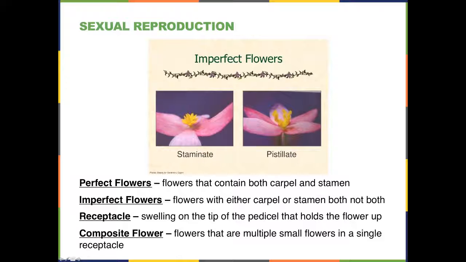Now, flowers can come as simple flowers, which are shown here, or they can be called composite, which is the fact that something that appears to be a single flower is actually made up of multiple small flowers, all in a single receptacle. And the classic example of a composite flower is the sunflower, which is actually literally thousands of flowers in one receptacle.